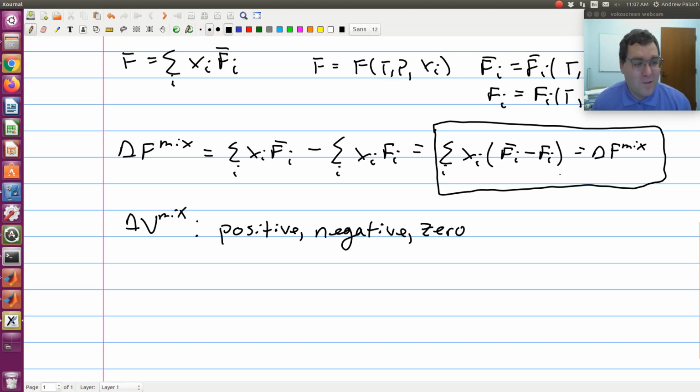So for a negative delta V of mixing, on average, the effective V of each component in the mixture is less than the pure component V. So on average, the molecules are going to be closer together in that mixture than they are in those pure states. So there must be some favorable interactions happening in my solution. Cool. So just by thinking in these terms, we're able to gain insight like that.